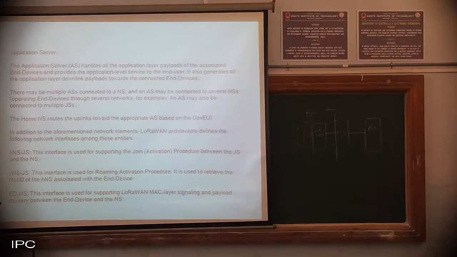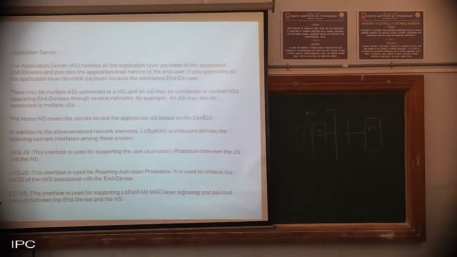So there will be an interface between these. This interface is used for supporting join activation or the join procedure between the JS and the NS, between the network server and the join server. So it will be doing the activation process.